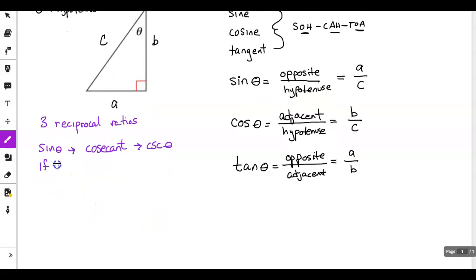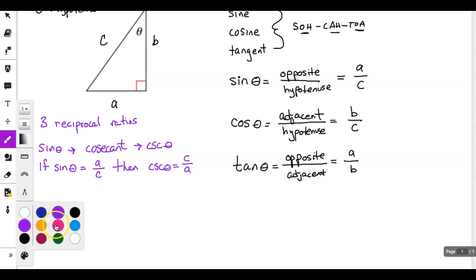If the sine of theta equals A over C, then cosecant is that fraction flipped over, C over A. You don't have to memorize that cosecant is hypotenuse over opposite. Anytime you want the cosecant, just find the sine and flip it over.